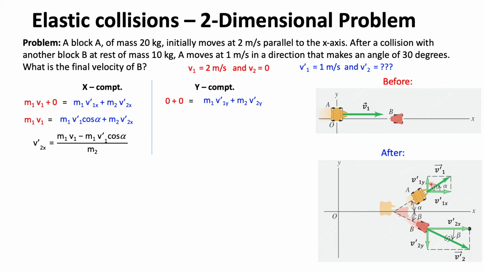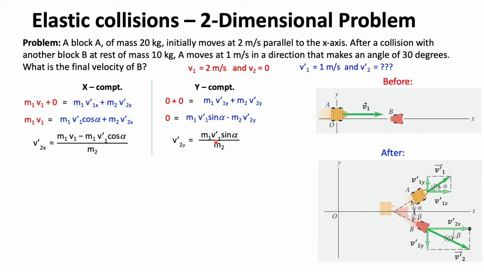Now v1y prime is the sine component of the velocity, because it's the component away from alpha. So this is the final expression for v2y prime.